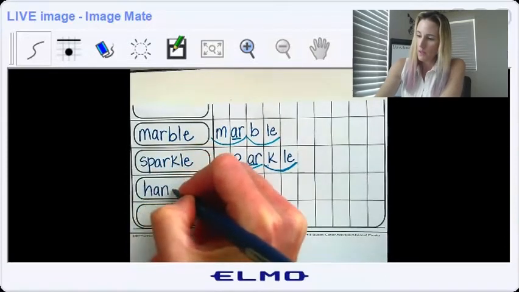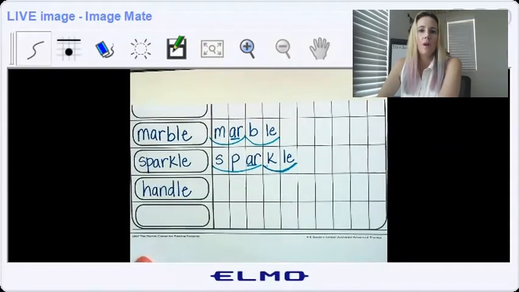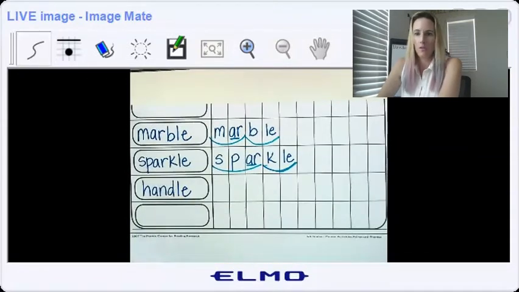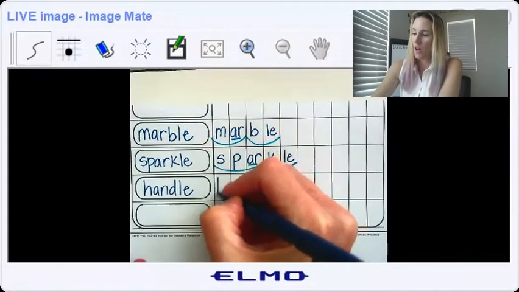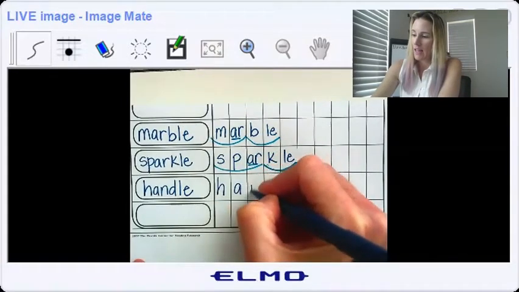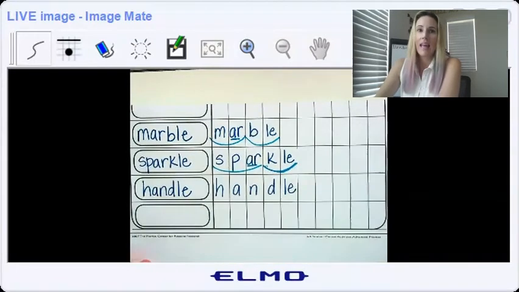Read this next word. That word says handle. Tap the sounds. H, A, N, D, O. So I'm going to do H, A, N, D, O. Han-dle.